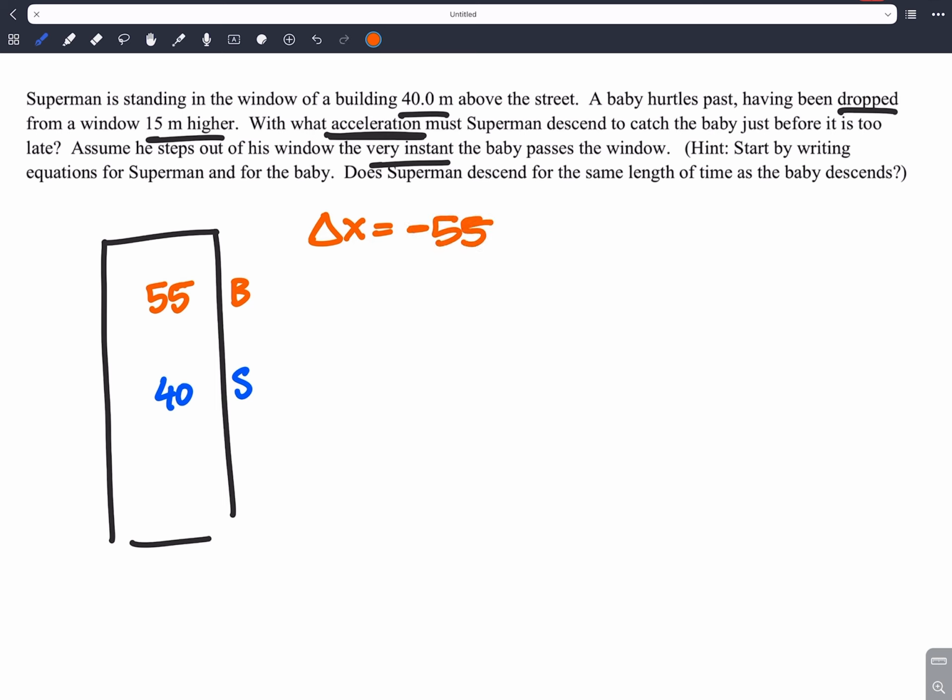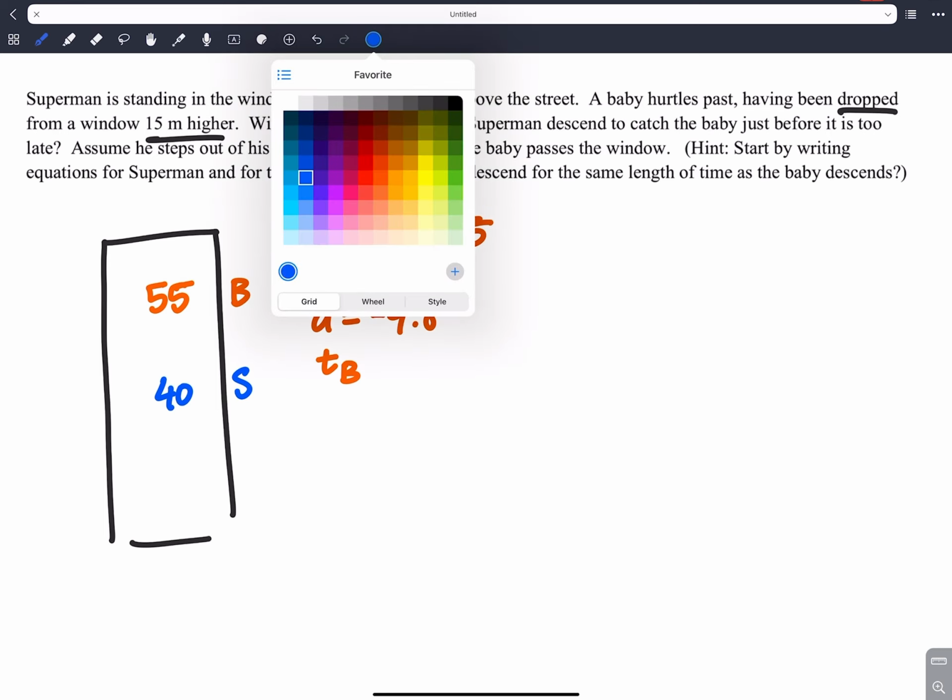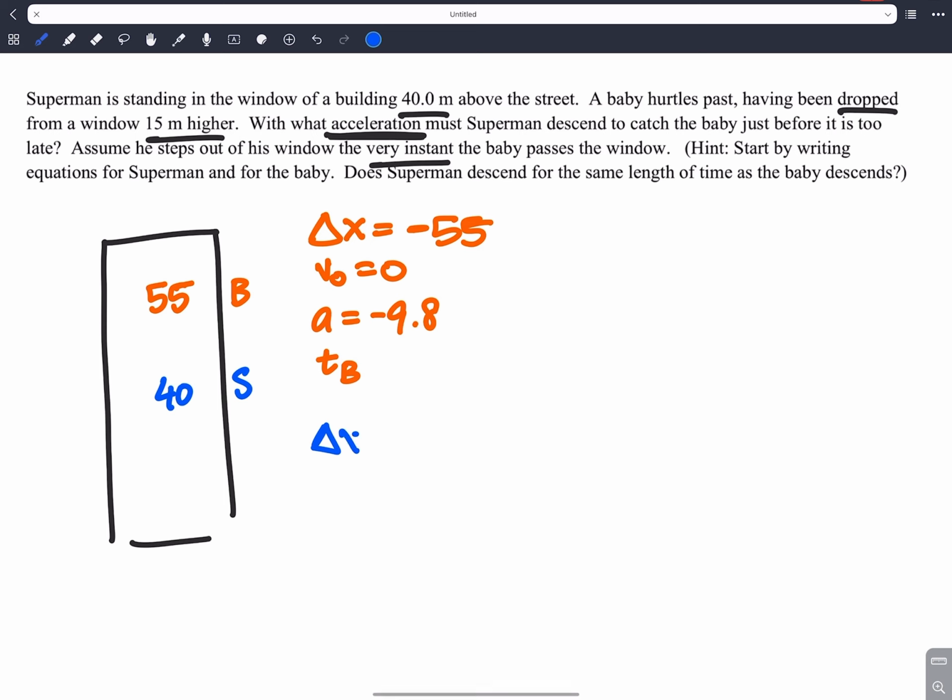Since it's being dropped, the initial velocity is 0, and the acceleration on Earth is negative 9.8 meters per second squared. The time for the baby, we don't know, so we're just going to leave it as time for baby, TB. Now for Superman, the change in x is going to be negative 40.